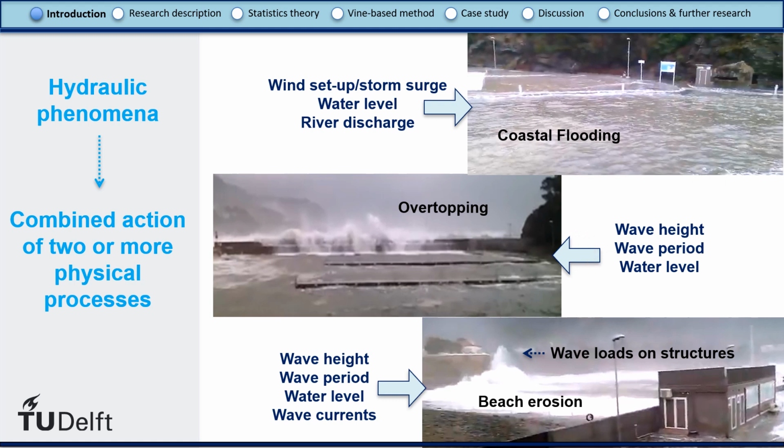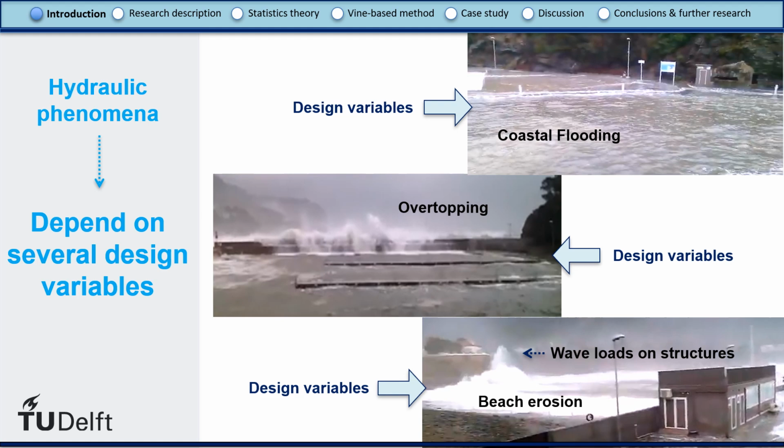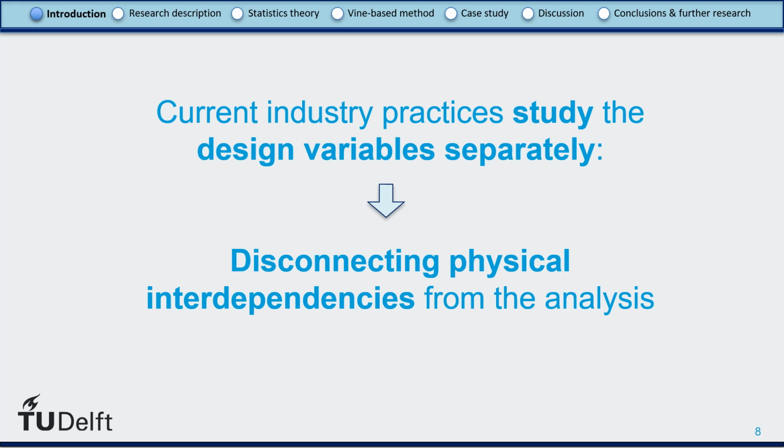And from now on, I will refer to these variables that are relevant to the design as design variables. And because we just saw that these hydraulic phenomena that we want to study depend on several design variables, it seems essential to study the relationships and the dependencies between all these variables. However, current industry practices usually study these variables separately, disconnecting the physical dependencies between these variables from the overall analysis.